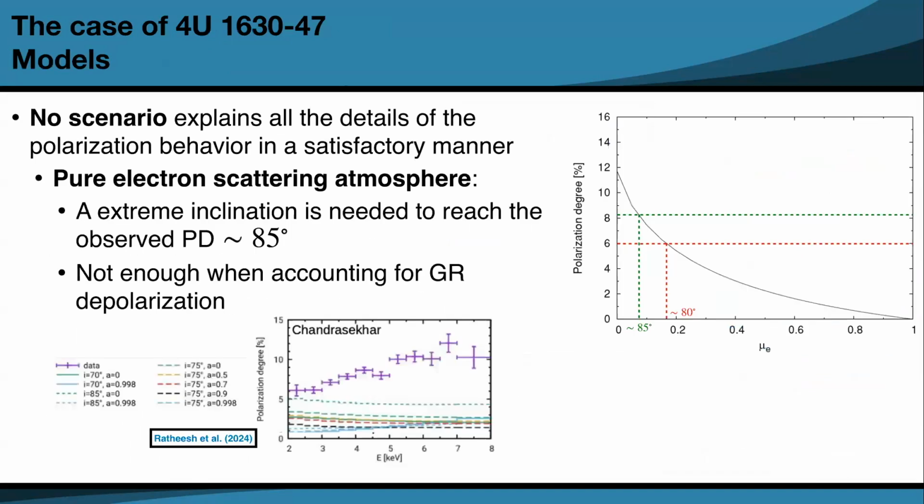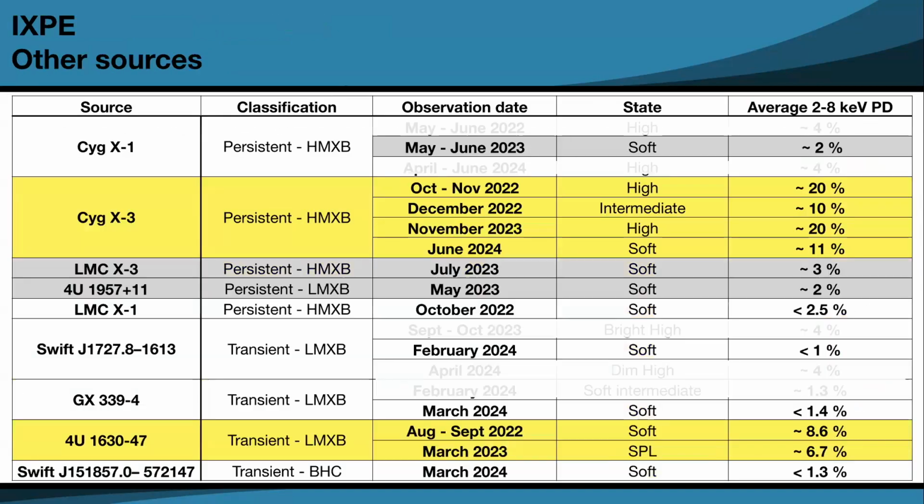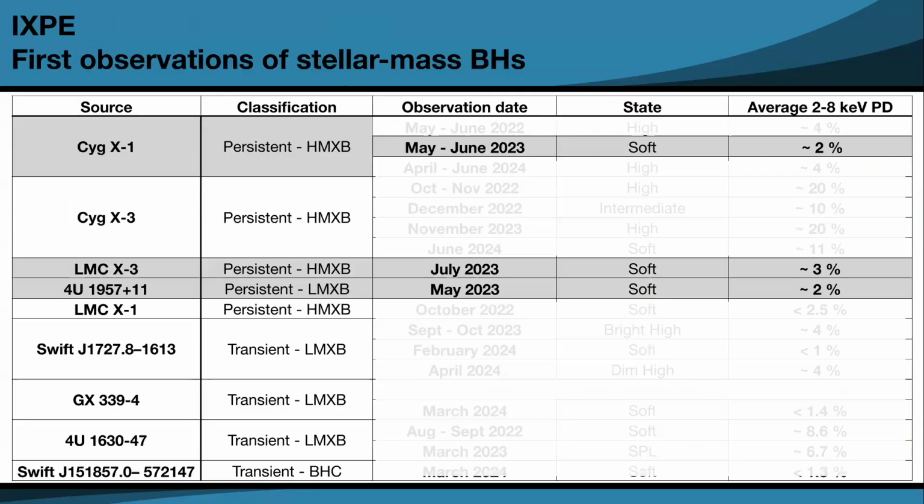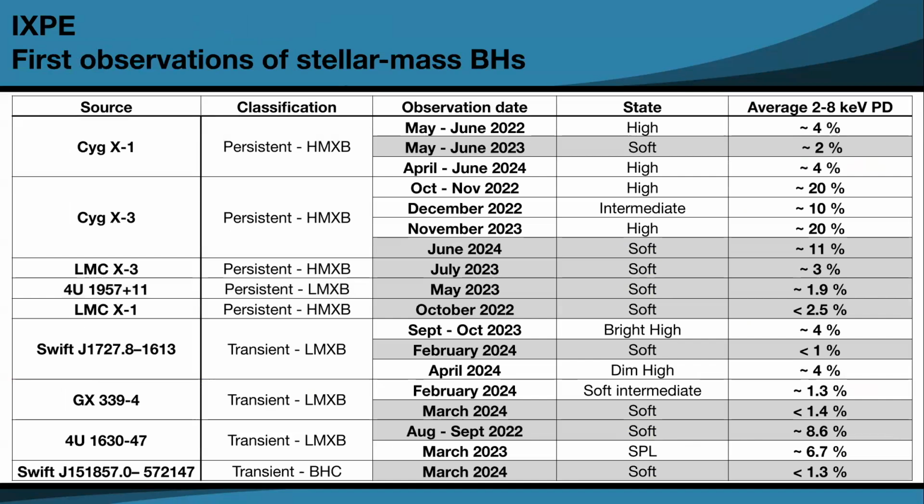What was observed in sources not in the soft state, where the contribution of the corona is more important or actually dominant, is that the polarization is typically directed in the same direction as the radio jet, if observed, and that's the case for Cygnus X-1.